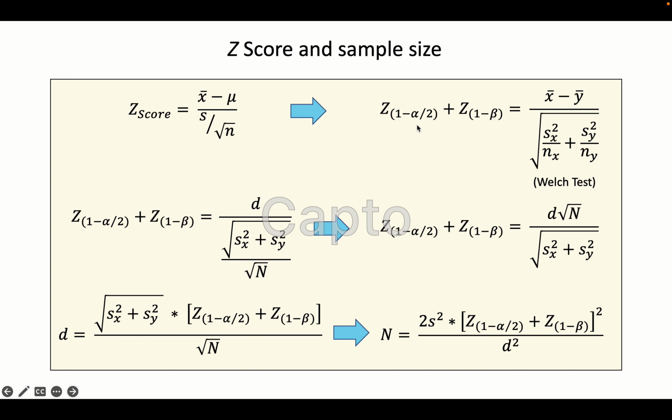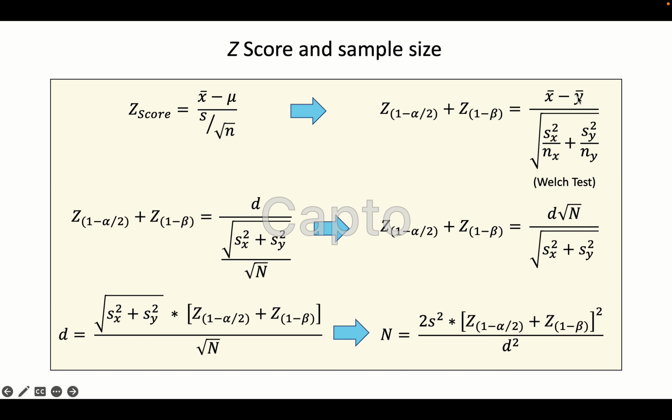So this is the Z-score for 1 minus alpha over 2 plus the Z-score for 1 minus beta, which is equal to, in this setting, the subtraction between the mean for group X minus the mean for group Y.